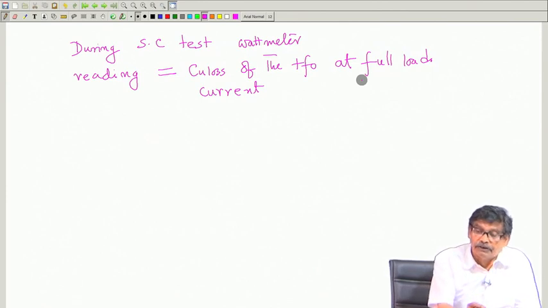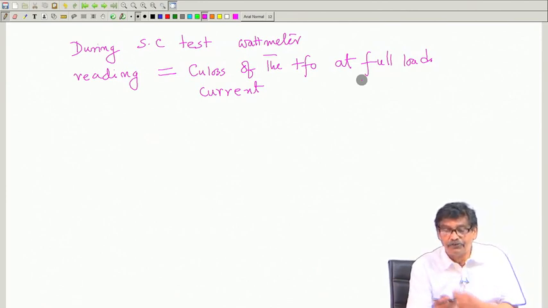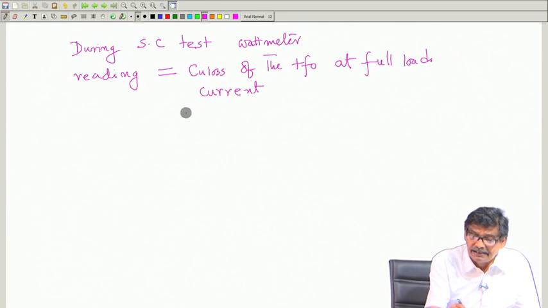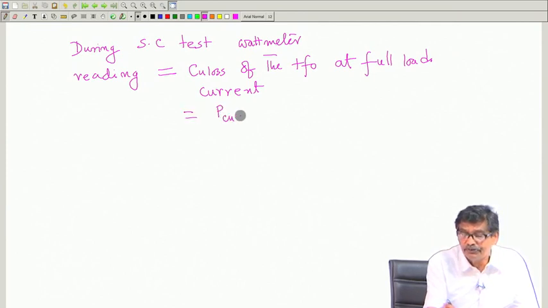Therefore, the copper loss at full load current is this, and this I call P_cu full load.